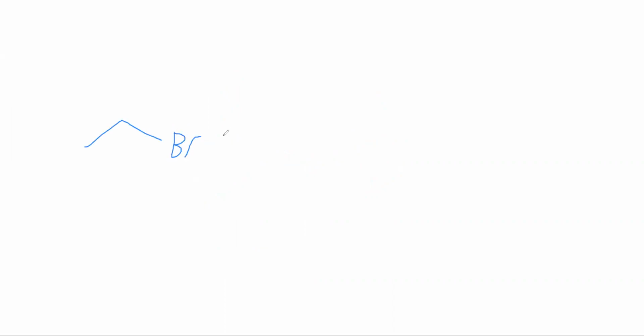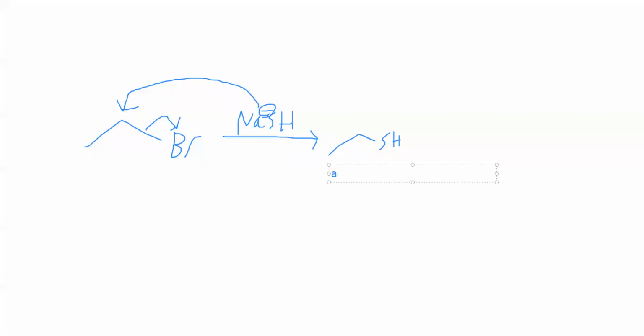Here's an alkyl halide, and you could use NaSH, so SH with a negative charge. That would do an SN2 step. But the problem with this is a thiol is a pretty strong nucleophile, so it's going to react again.